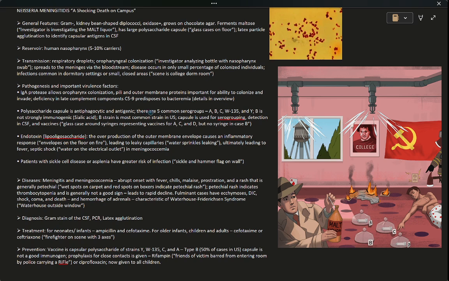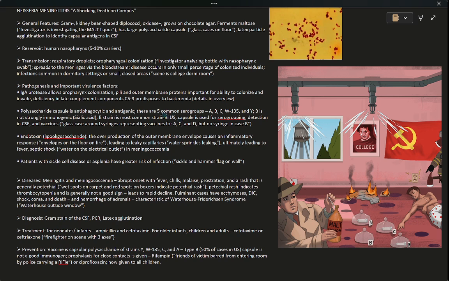And specifically, there are 5 common serogroups of this polysaccharide capsule. They include the serogroup A, serogroup B, serogroup C, serogroup W135, and serogroup Y. Now, the serogroup B is not strongly immunogenic. It's also known as sialic acid. And then the B strain happens to be the most common strain in the United States.